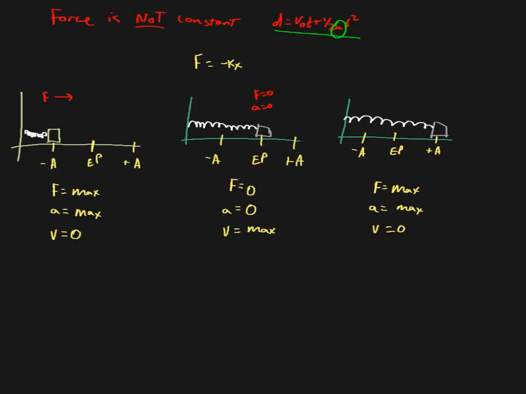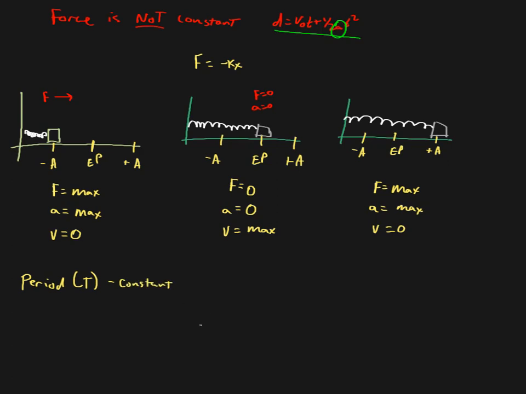Now, we have one term that we need to revisit, and that is something called the period. For the period, we use the letter capital T. And the last time we saw period was when we were studying circular motion. The period is a constant within a problem.